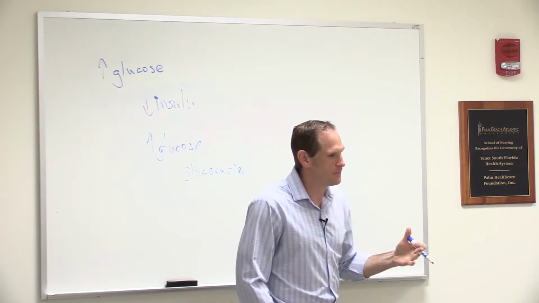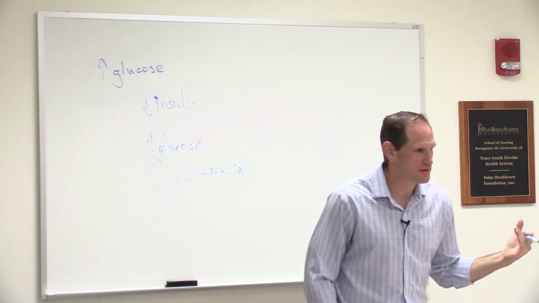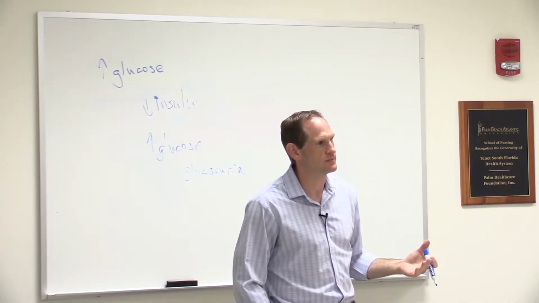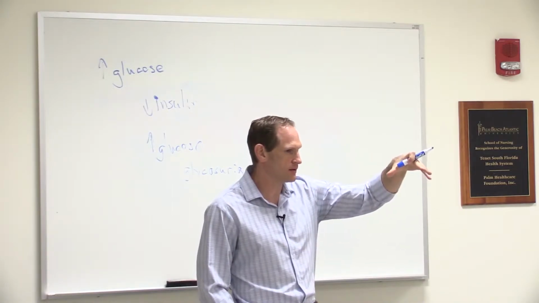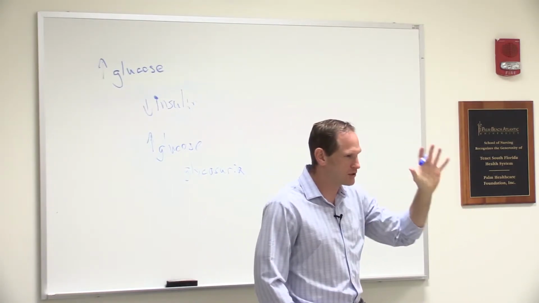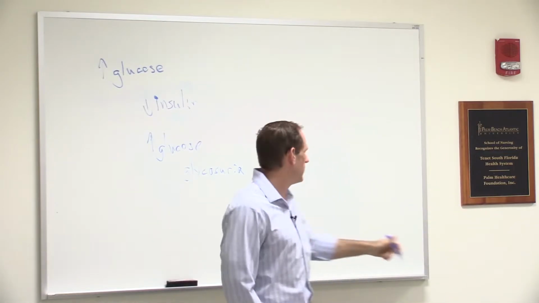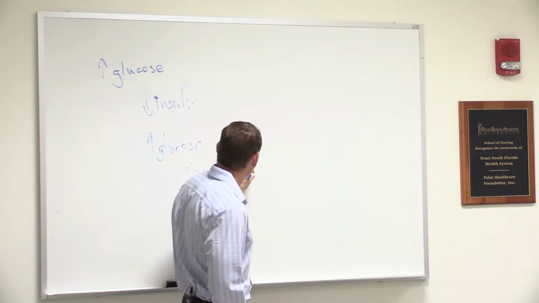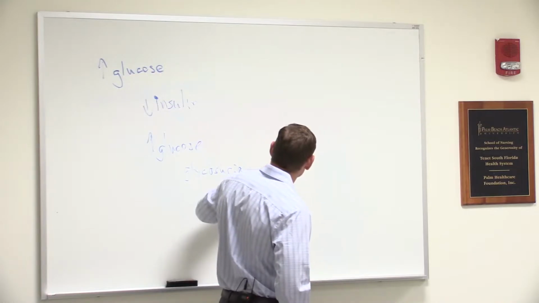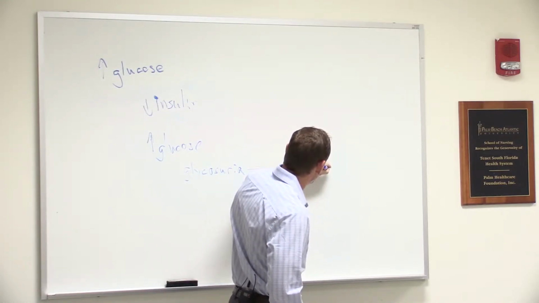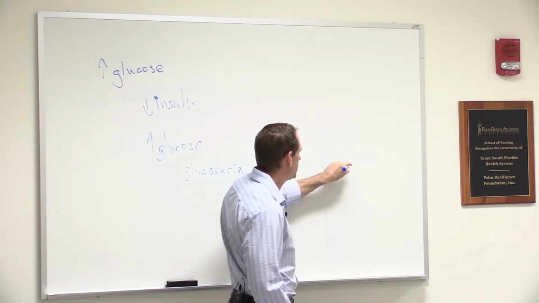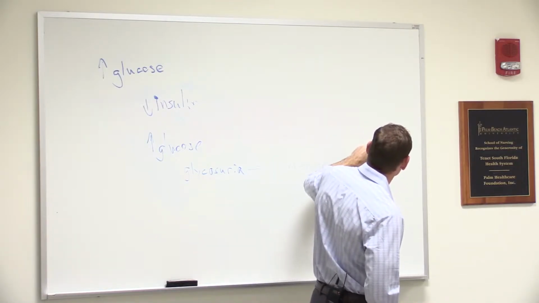Concentration. So, what is it that drives osmosis? Concentration gradient. So when there's more concentration somewhere, water is going to rush into that area. So glycosuria causes increased concentration of urine. That in turn is going to cause more water to go into the urine, which is going to cause an increase in urine.